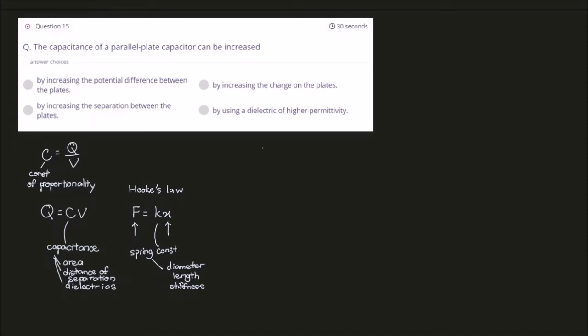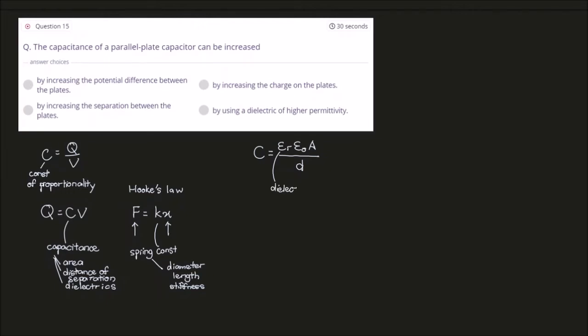So what governs capacitance is actually this formula over here: epsilon R, epsilon naught, A over D. Usually the epsilon R is not there, but to show the effect of dielectrics, this will be the dielectric constant.